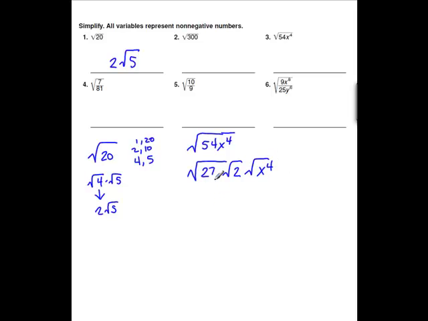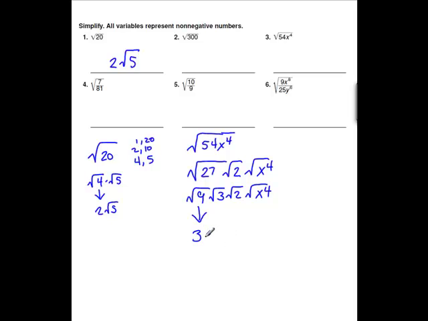Okay, the square root of 27 times 2, we can look at this as being the square root of 9 times 3, the square root of 2, and then the square root of x to the fourth. So now we've broken things down in terms of something that we can factor out.